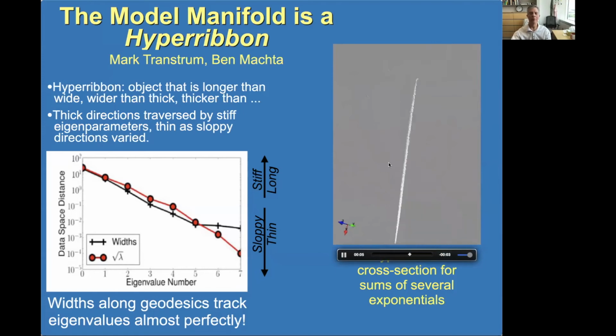Note here that the thin directions on the model manifold are the sloppy directions that had wide ranges of parameters giving the same behavior. And so you can go all the way to infinity along a geodesic in the sloppy direction, and you get very little change in behavior.